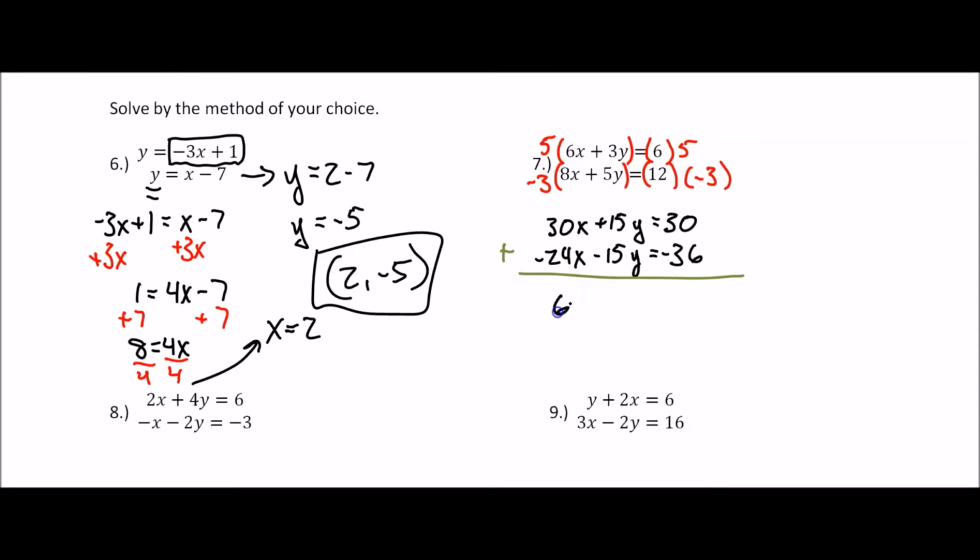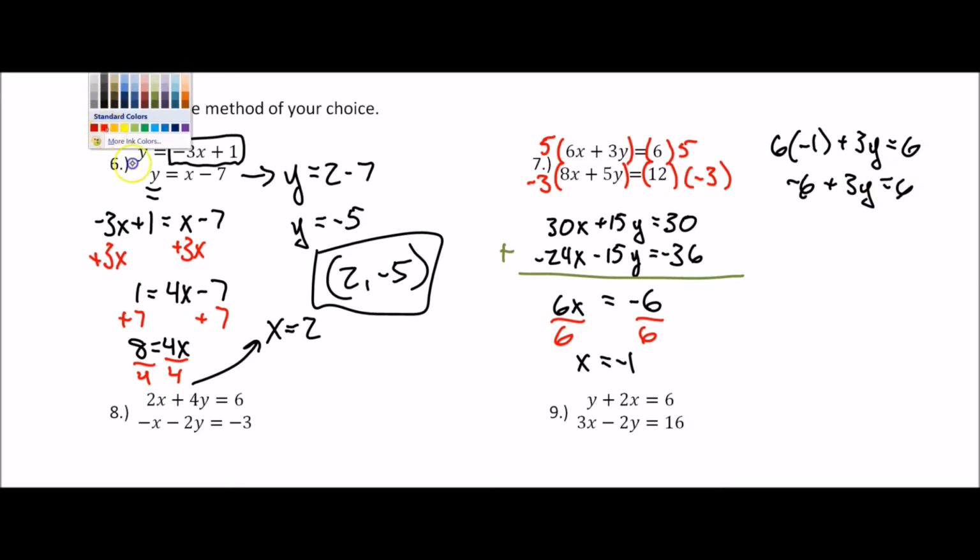So this gives me a 6x. The y's cancel. Over here I get a negative 6. And now I divide each side to solve for x. So x equals negative 1. I still need to plug it back into one of these. So like here, 6 times negative 1 plus 3y equals 6. And now I'm just going to solve this for y.